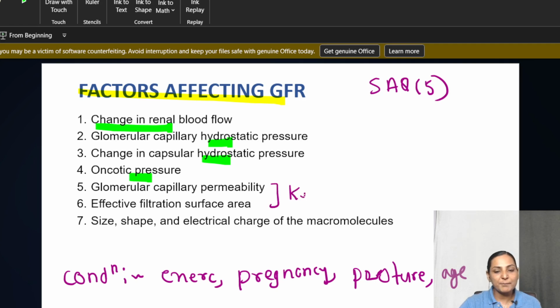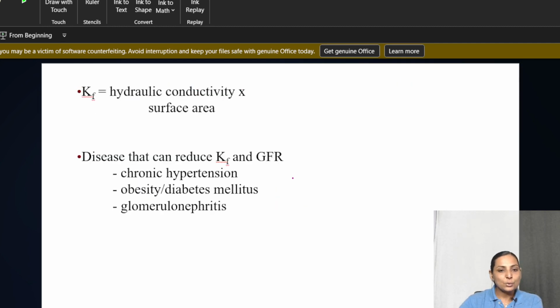These two are the components of your Kf, the filtration coefficient. Then the size, the shape and the electrical charge of the molecule that is to be filtered. So these are the factors which are affecting GFR. So Kf is hydraulic conductivity into surface area, that is the permeability into surface area. And the conditions which decrease the Kf will also decrease the GFR.